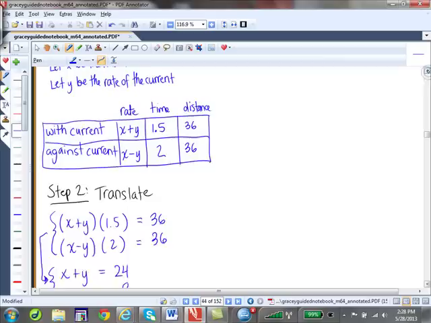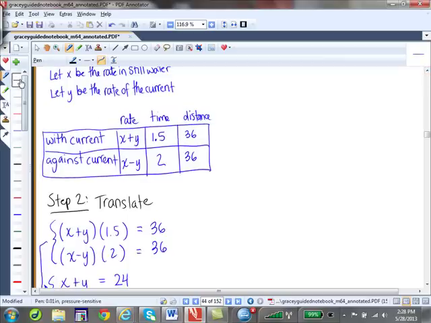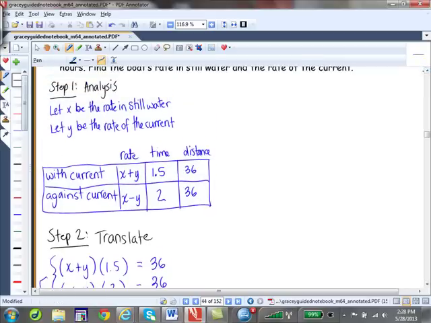So the third step is to solve. What we had was x plus y equal to 24 and x minus y equal to 18. Now if we add these equations together, we can eliminate the y variable. Do you see y minus y is 0 y's?